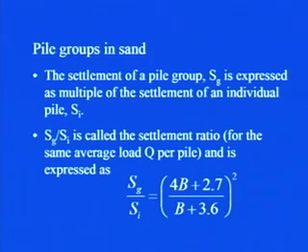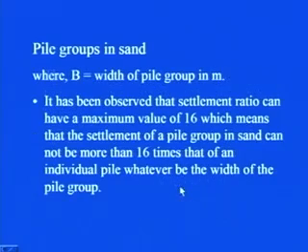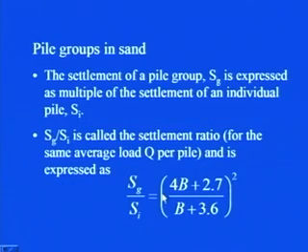Although this ratio SG by SI is apparently dependent on the width B of the pile group, the limiting value is 16. If this ratio becomes more than 16, you have to restrict it to 16 only.